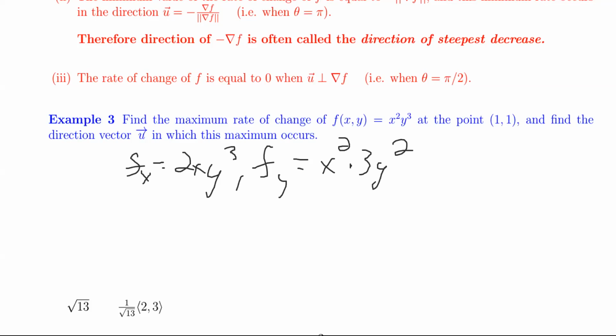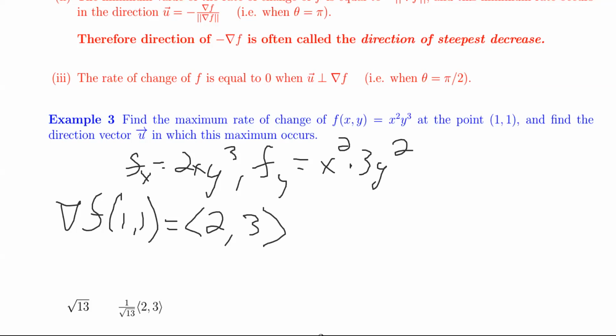This tells us our gradient vector of f evaluated at 1 comma 1 is, we want to evaluate the partial of f with respect to x at 1 comma 1, and we get 2. We want to evaluate the partial of f with respect to y at 1 comma 1, and we get 3. All right. So now we want to know what the maximum rate of change is.